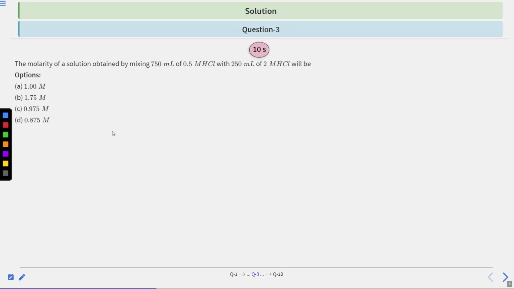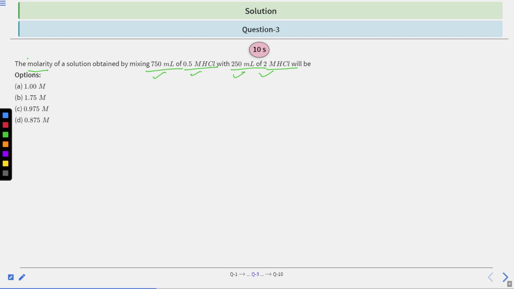Let's move to the next question, question number 3. The molarity of a solution obtained by mixing 750 ml of 0.5 molar HCl with 250 ml of 2 molar HCl will be. We are given the volumes and molarities of two solutions, basically the same solution but with different molarities and volumes, and they are being mixed.